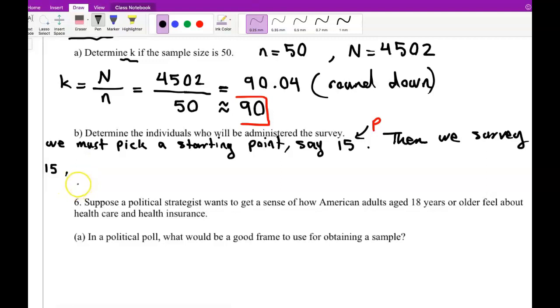Then after that, we have 15 plus K. So P plus K. K is 90. Adding these two, we have 105. So that is 105. That's at 15.